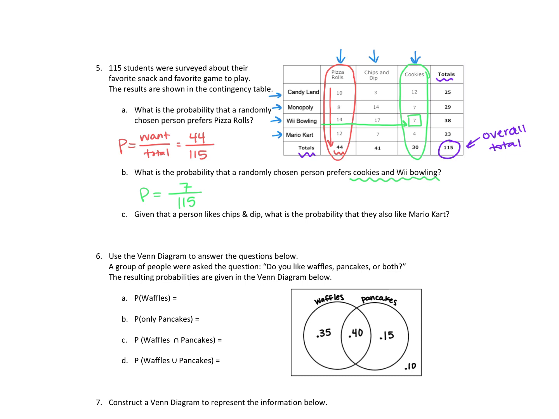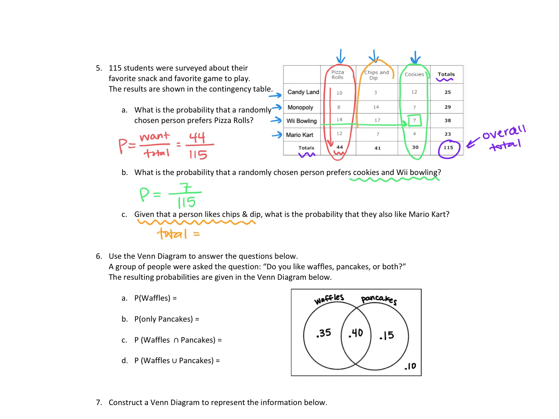This is our regular simple probability, but we can also ask some conditional probabilities. Conditional probability questions have a specific characteristic given to us. We're operating under the condition that some result has already happened. Like in this third case, it says, given that a person likes chips and dip, our total is not now everybody, but our total is the number of people who picked chips and dip.